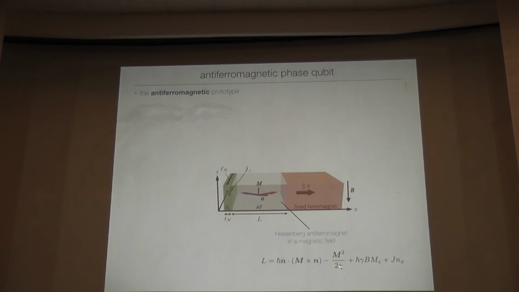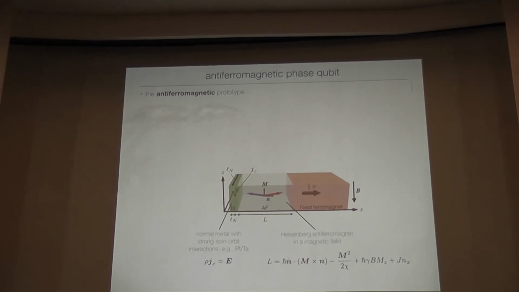And chi here is the perpendicular susceptibility. It's the susceptibility for a magnetic field applied normal to the Néel vector. And then we have a term proportional to the magnetic field. And we're just going to assume that this Néel vector is exchange coupled to the ferromagnet in the x direction. So this is the exchange coupling between the antiferromagnet Néel vector and the ferromagnetic moment fixed in the x direction.